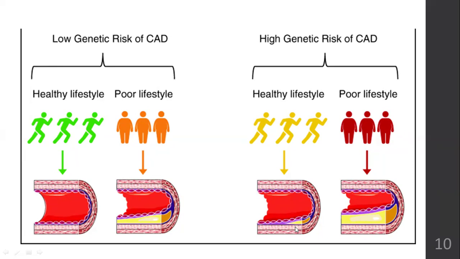They can't run away from it. They have to be very cautious about their lifestyle, the food that they have. And with poor lifestyle, their risk is very high. Even 10 to 20 years earlier as compared to their previous generation, they may get the disease.